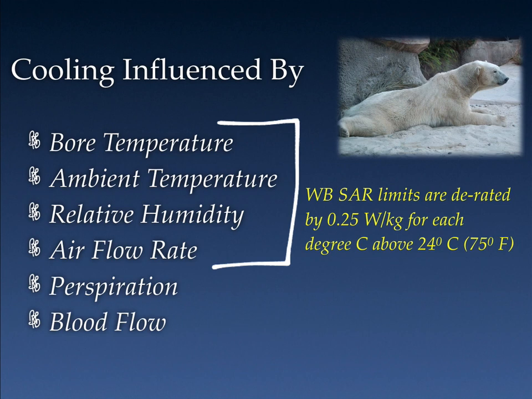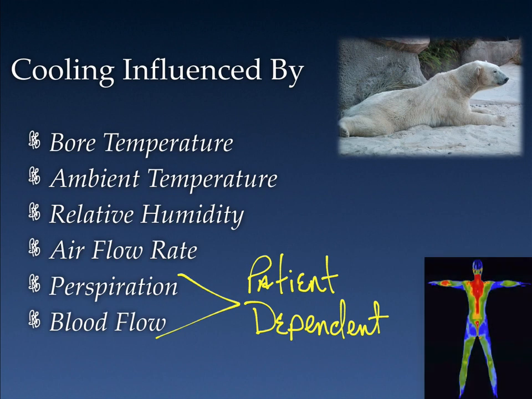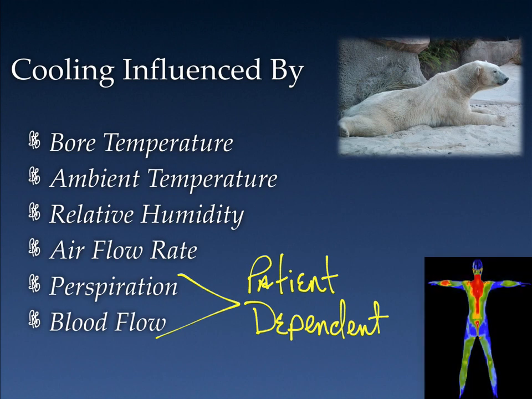So as the room temperature and bore temperature increase, at some point the software is going to start derating the SAR so that you do not expose the patient to excessive RF energy which they're unable to dissipate, or cool. Cooling is also determined by perspiration and blood flow, and this, of course, is very patient dependent.